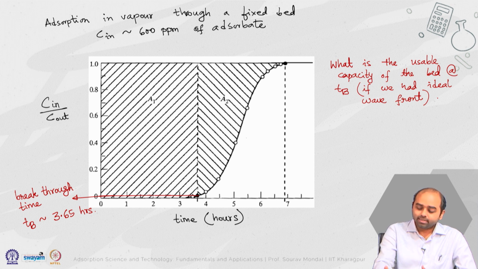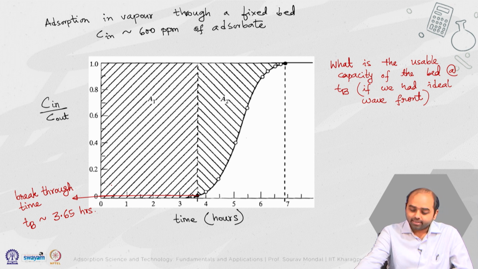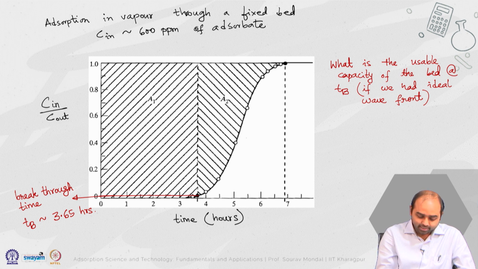So what I mean here is that one can consider an ideal breakthrough time or the ideal wave front. In that case, the breakthrough curve or the shock wave curve in that scenario would look something like this.